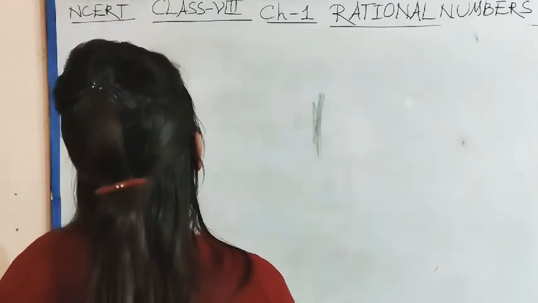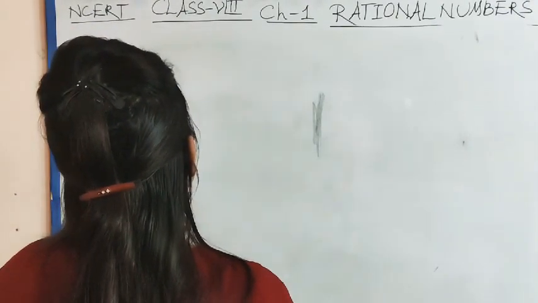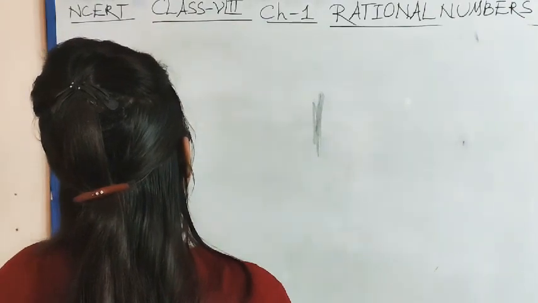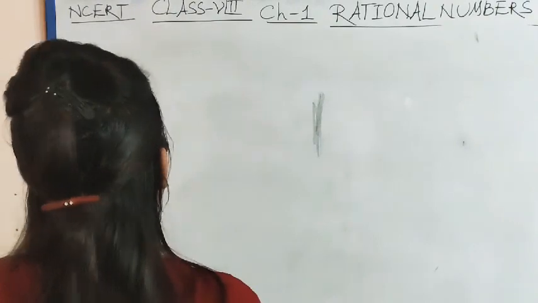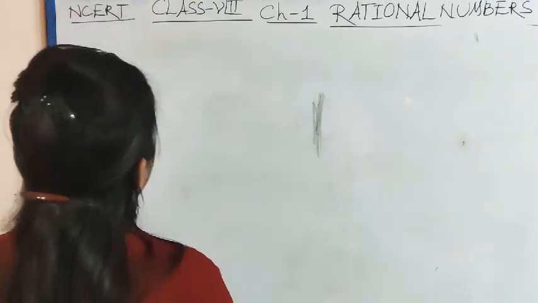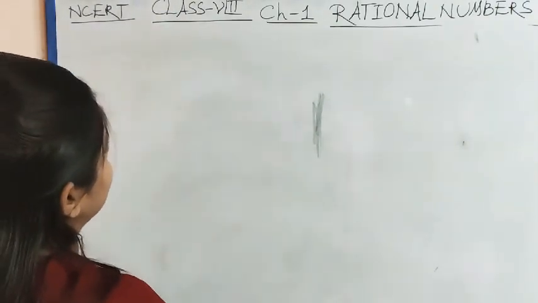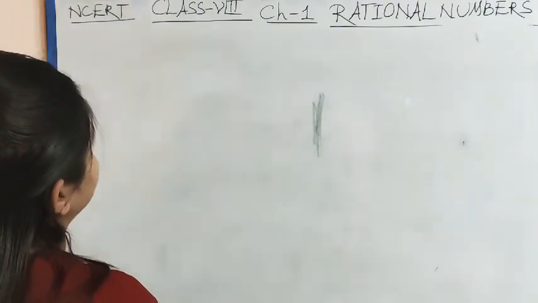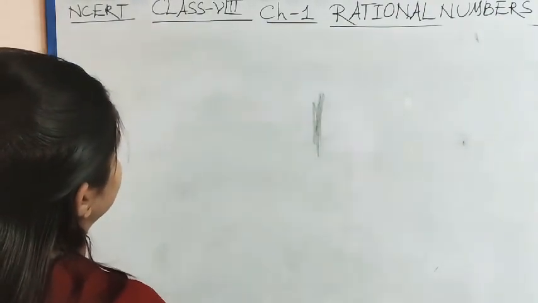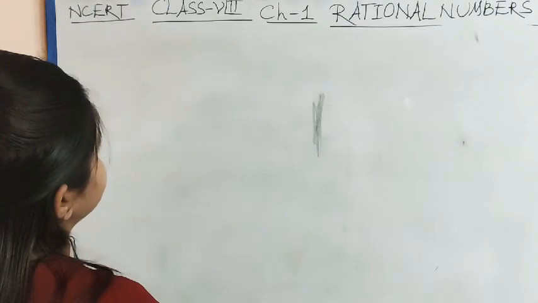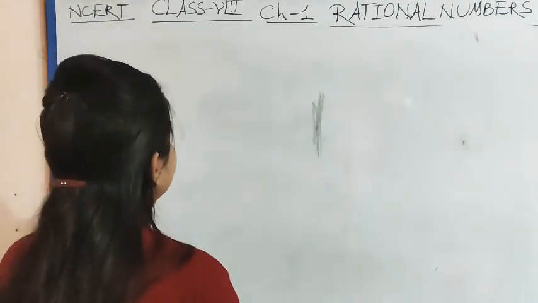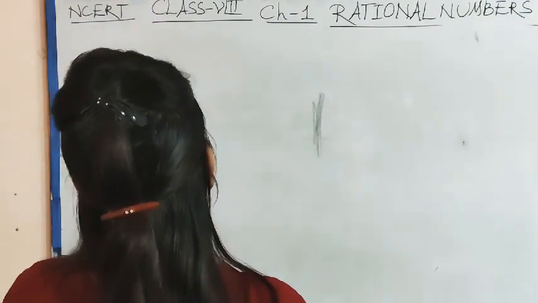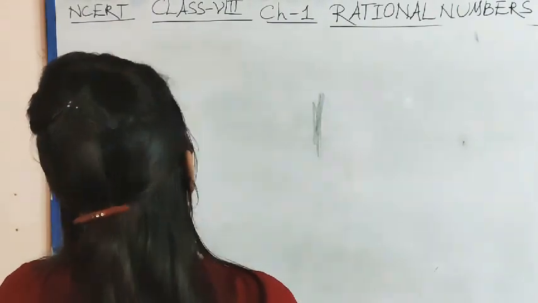While using the properties, we check whether they are applicable for these four. You already learned about the properties: closure property, commutative property, associative property, multiplicative inverse, additive inverse, then additive identity, multiplicative identity. These are some properties of mathematics.